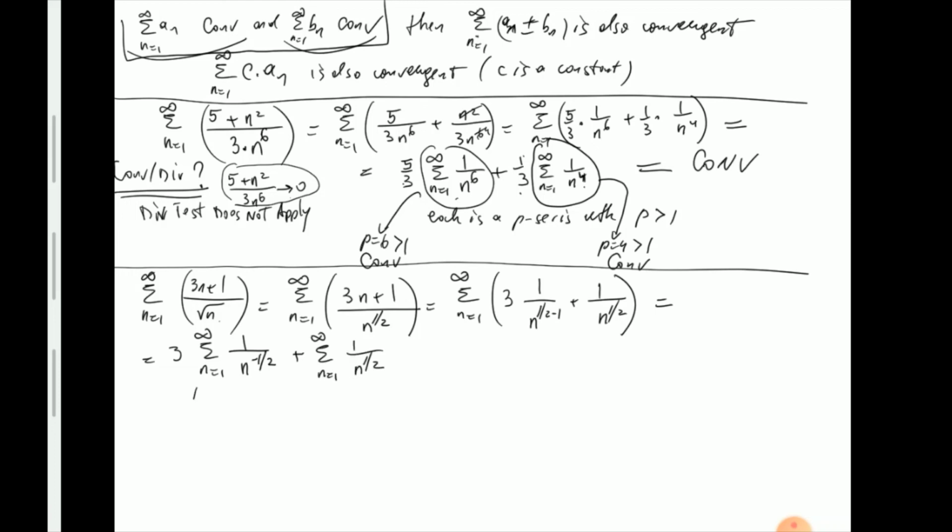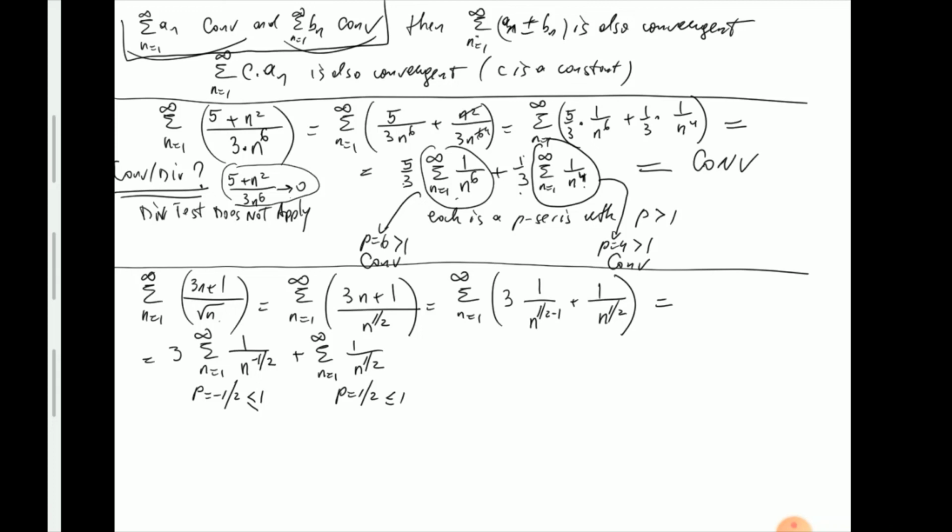Now, both of these are p-series with p less than or equal to 1, right? If it's 1 or less, then the series will diverge according to our p-series test.